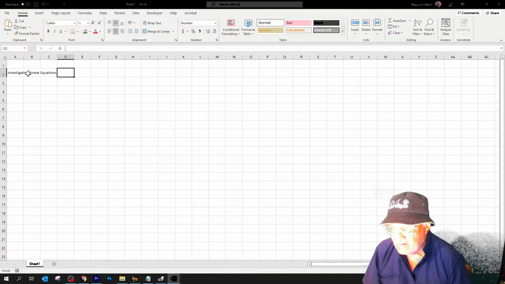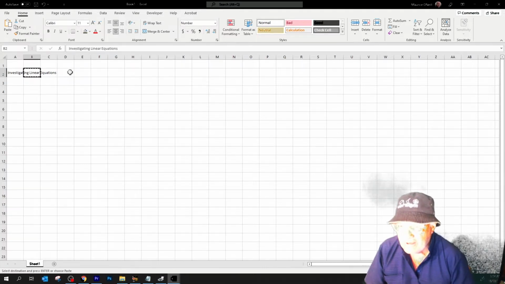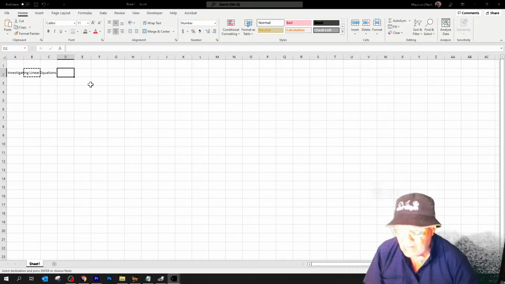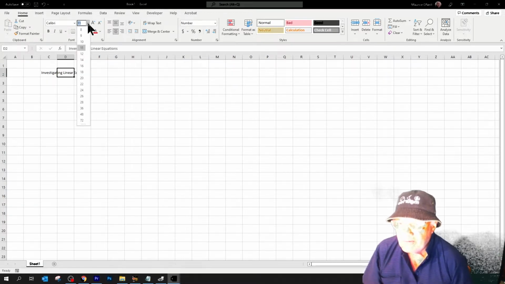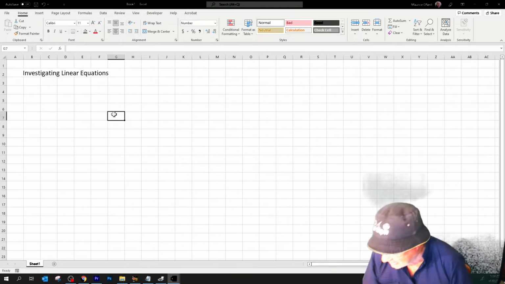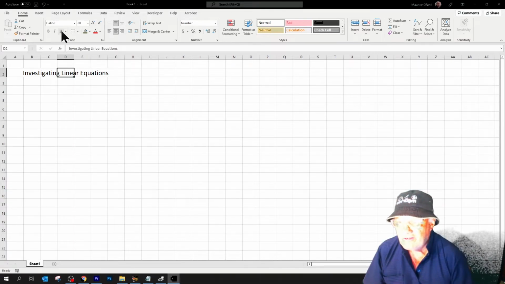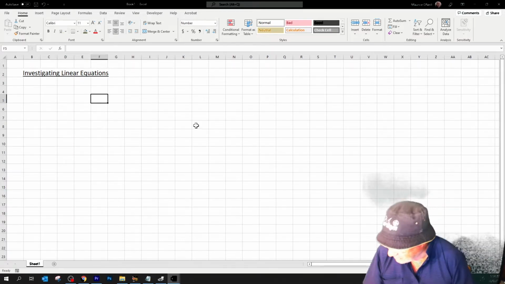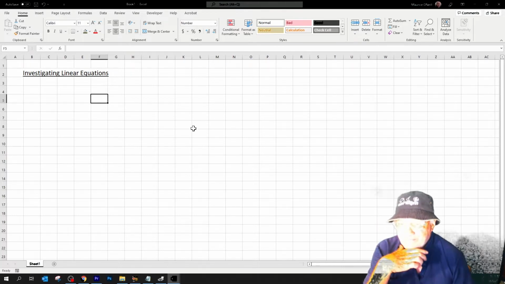Perhaps I need to move that over here. And it doesn't seem to want to be. I want it to be 20. There we go. Investigating linear equations. And let's maybe underline that. So there we go.